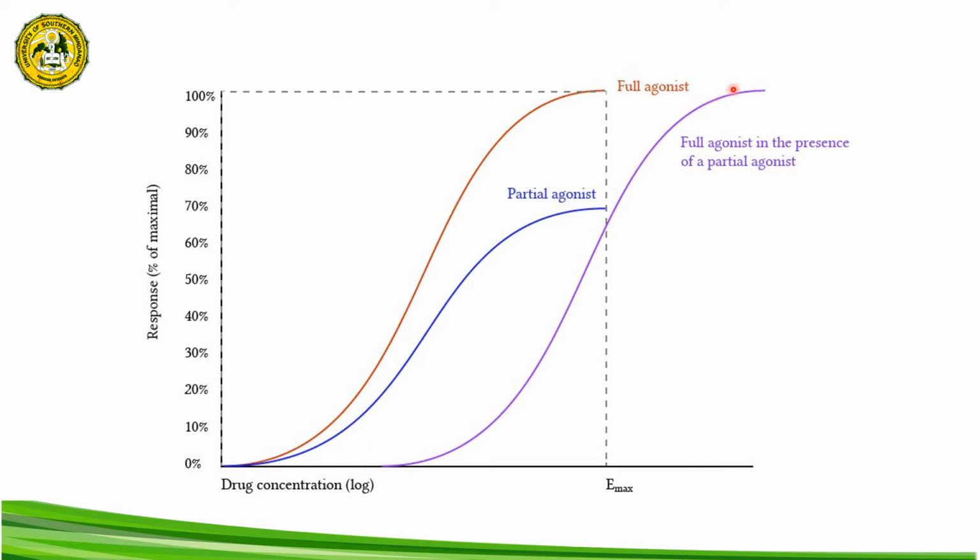To displace the partial agonist from binding to the same receptor, we need to increase the dose of the full agonist in order to achieve the same maximal efficacy. Therefore, when we administer them both, the potency is reduced, but the efficacy would still be achieved.